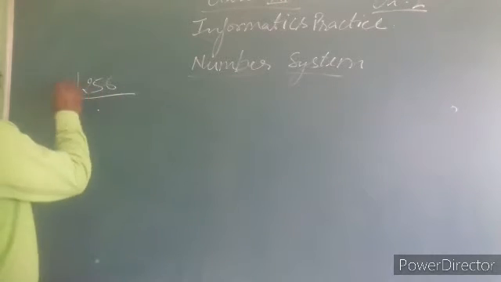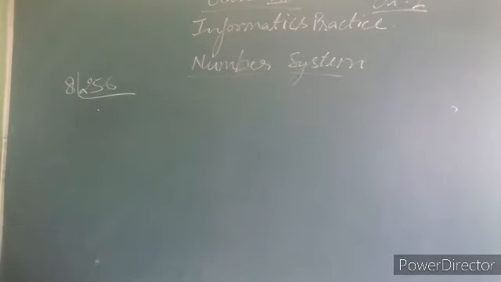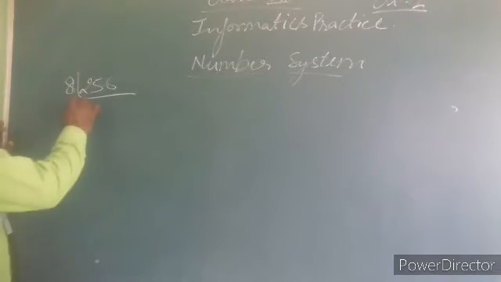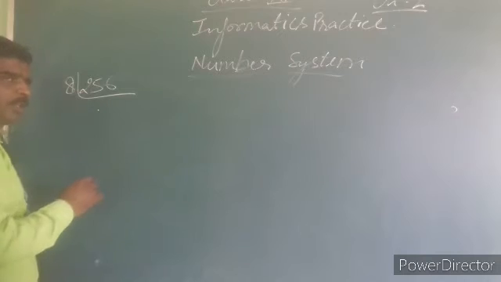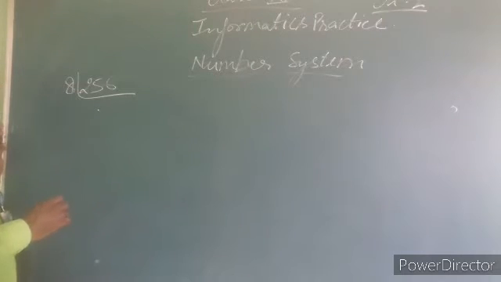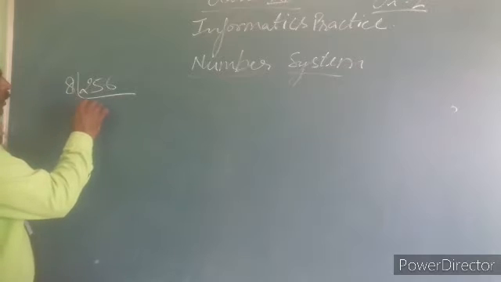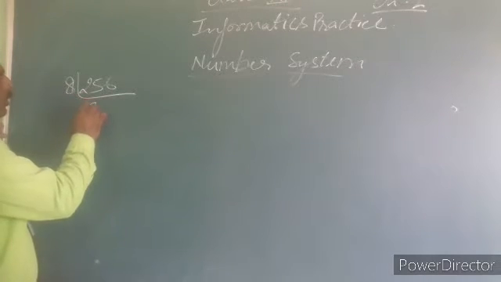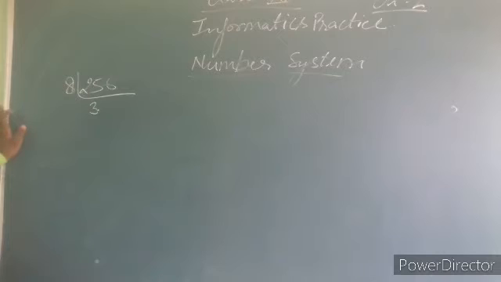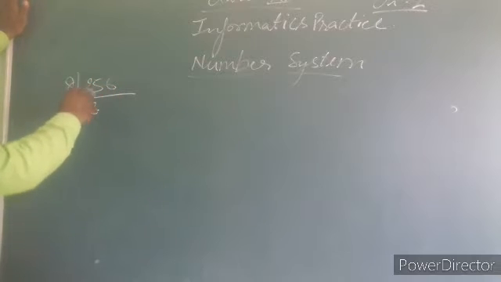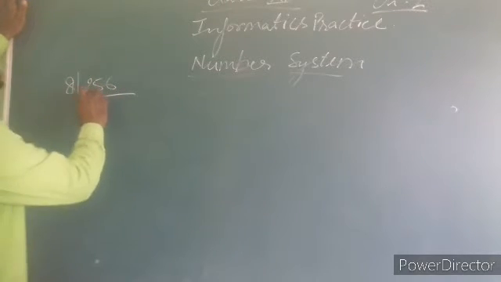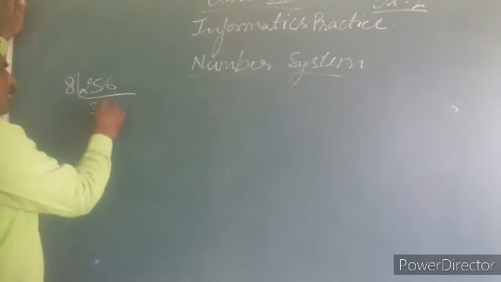So check it by the 8. You can divide it. 8 3s are 24, 8 2s are 16. Remainder, after 24, 1 will be remainder. So 1 and 6, 16.